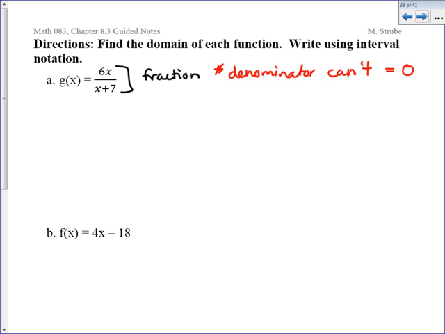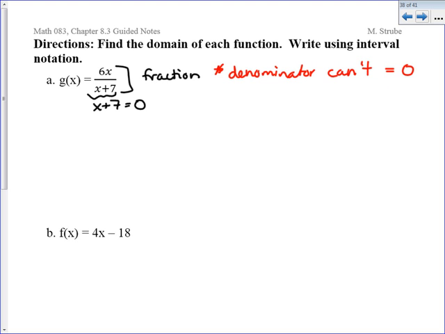So I need to find what value of x makes the denominator 0. When we're talking about domain, we never care about the numerator. Numerators don't affect us. So what number could I plug in for x that would make that denominator 0? Negative 7, because negative 7 plus 7 equals 0. Now the way you actually solve for that is you just take the denominator and you set it equal to 0.